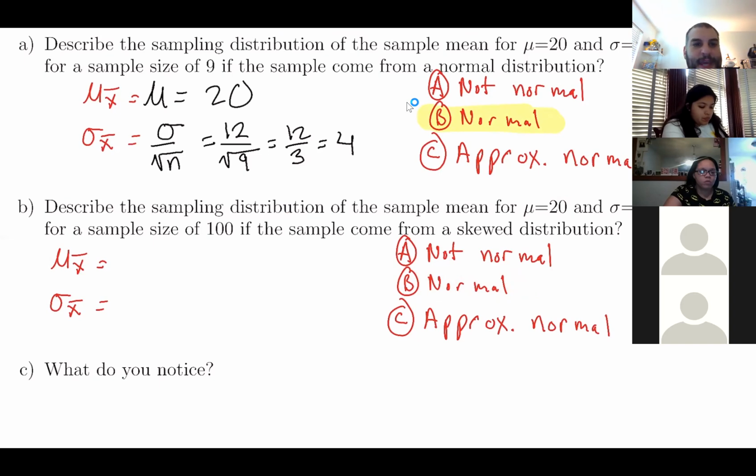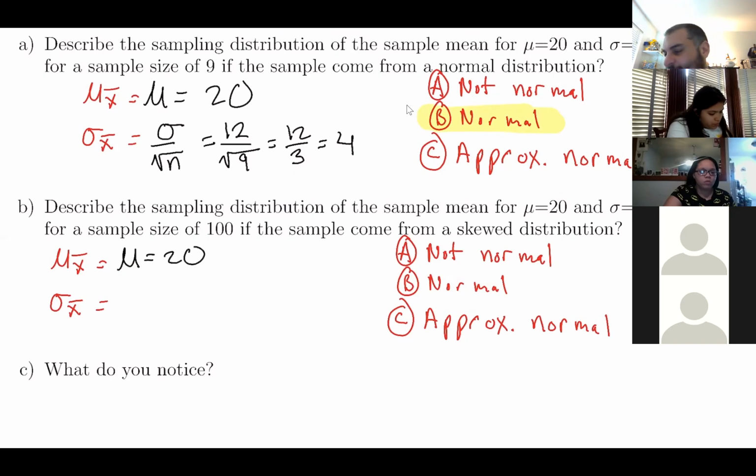If you look at B, B says describe the sampling distribution of a sample mean for mu equal to 20, sigma equal to 12, for a sample size of 100, if the sample comes from a skewed distribution. All right, so first thing we're going to do, we're going to find mu. In this case, what is mu? 20. So that's your answer.